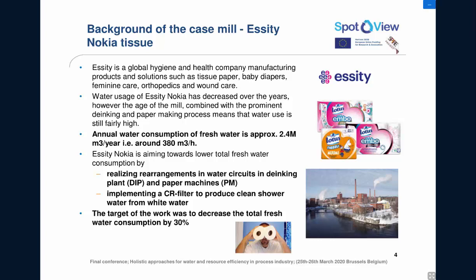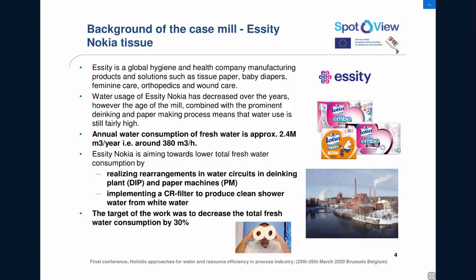They have the de-inking plant, where they take old or used paper back to the process, then two paper machines, and their own wastewater treatment plant. But because it is quite an old mill, all those sectors are far away, and that's why reuse or recycling of water is not so easy as in very new mills.